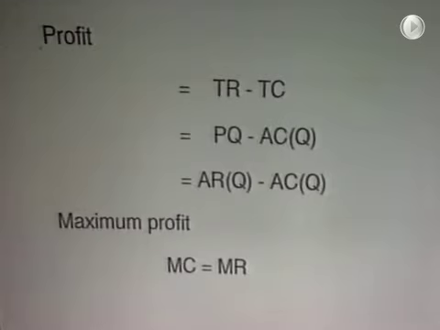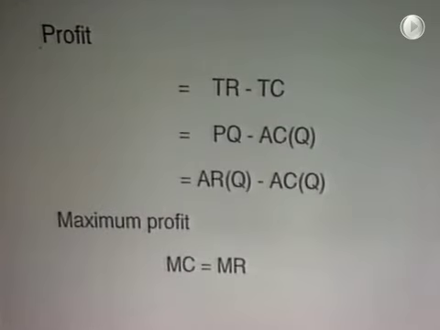The maximum profit will be given by the quantity that equates marginal cost and marginal revenue. Effectively, it is the point where the marginal cost curve cuts the marginal revenue curve from below. Now think for a moment why that is the case.